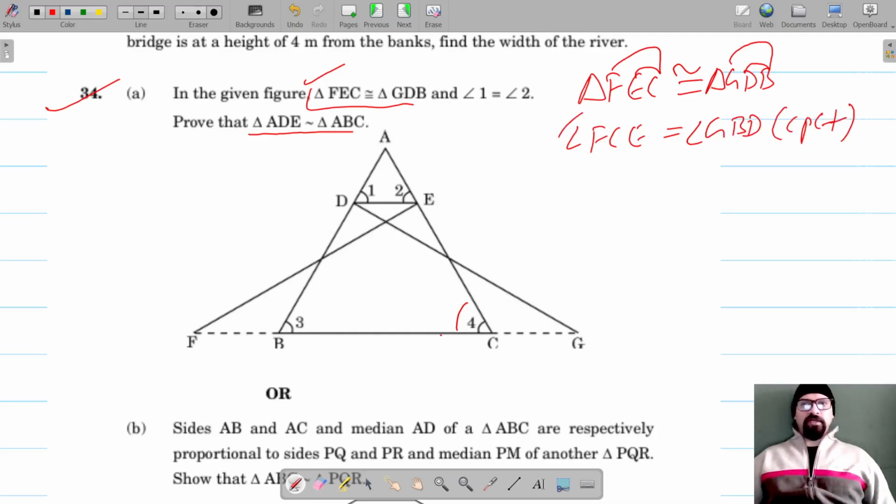And in the figure, FCE is angle 4, and GBD is angle 3. So angle 4 is equal to angle 3.